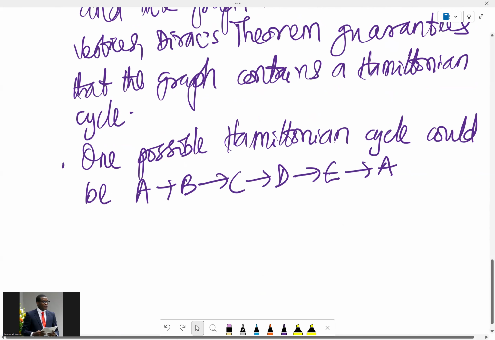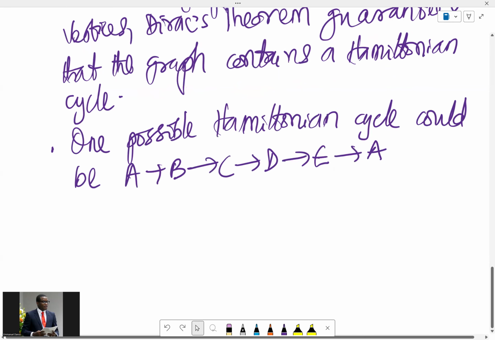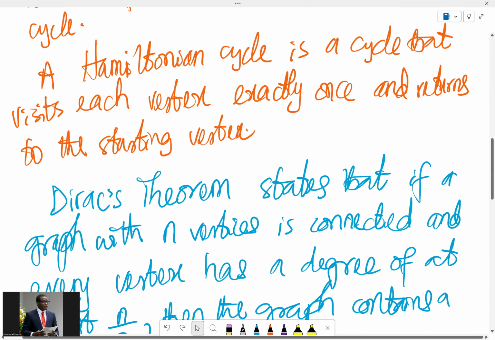So let's move on to Ore's theorem, still talking about Hamiltonian cycles.